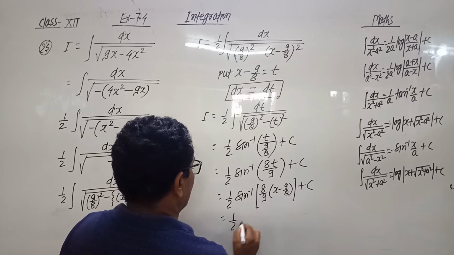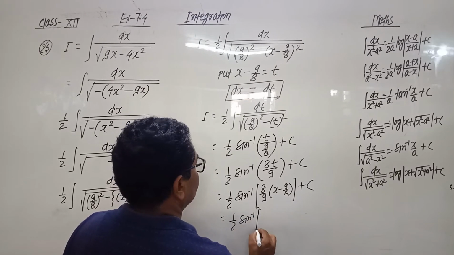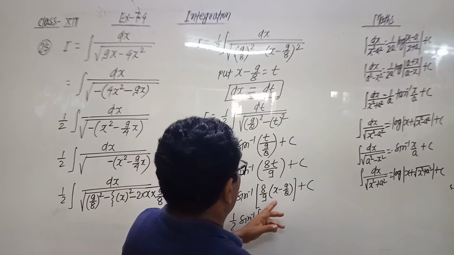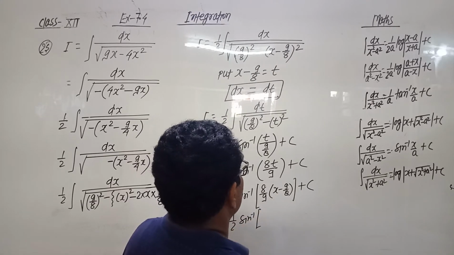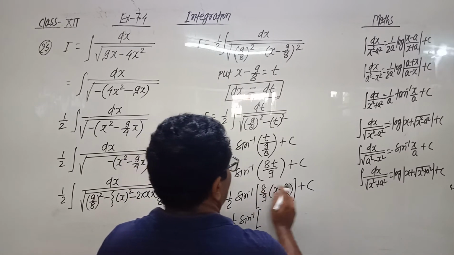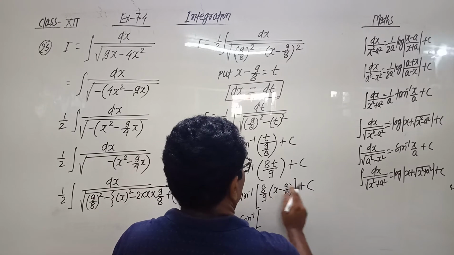So it is 1 by 2 sine inverse, and taking LCM or multiplying by 8 by 9.